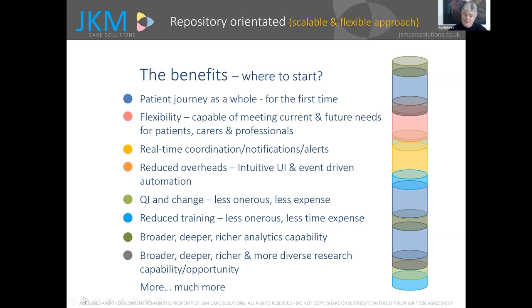And therefore, because we're doing this repository type approach, that change is instantly available to every clinician up and down the country without having to reinvent the wheel, without having to pay other people, without having to wait for a different way of doing things. And if a trust says, well, we do things differently, well, all it's down to is a configuration file rather than, as I say, reinventing the wheel.